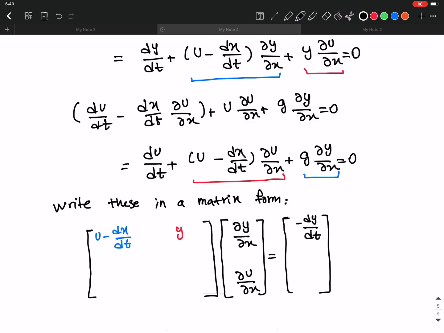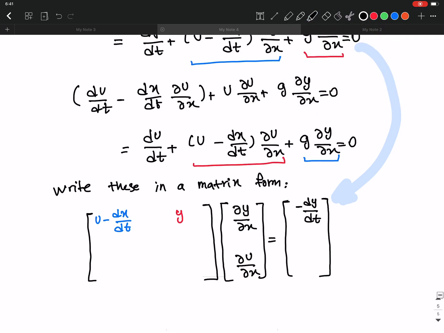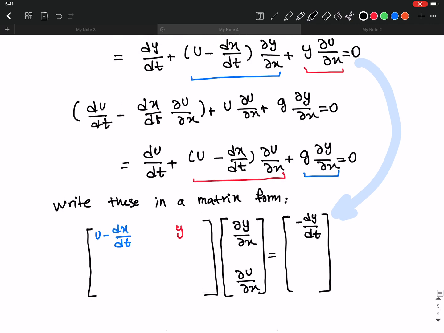This is coming from the first equation, the first line. And then let's go to the second equation. For the second equation, I have partial y partial x, so the term here is g that I have to put.